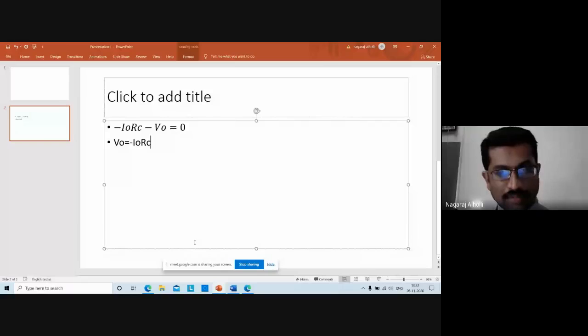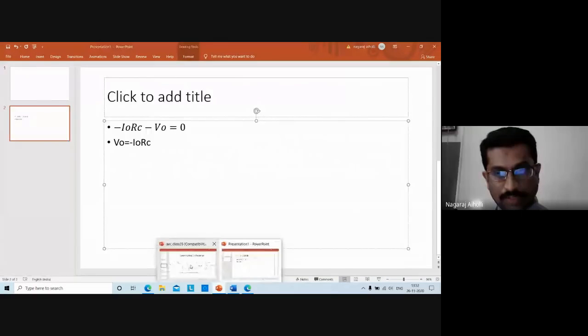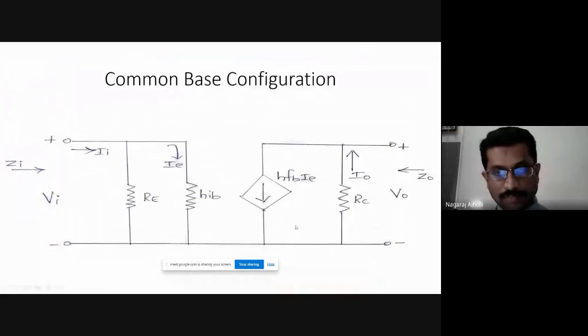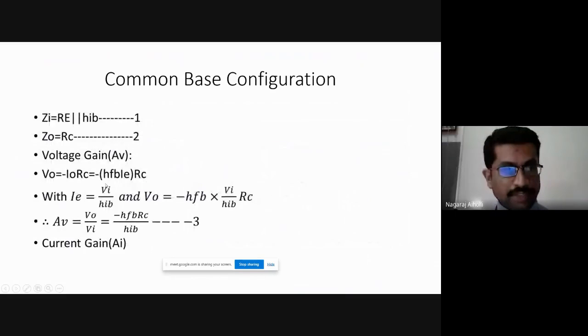How did we get this? Looking into this circuit, current entering is positive, current leaving is negative. Take the output loop here: positive to negative minus I naught RC, positive to negative minus V naught equals 0, or V naught is equal to minus I naught into RC.